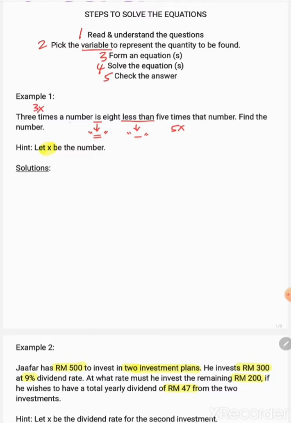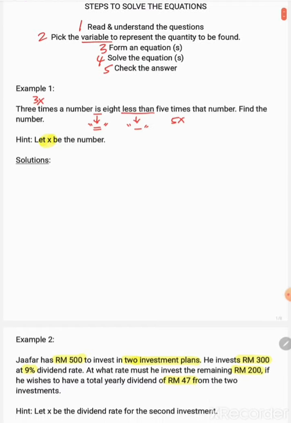So now we put it into mathematical form. So the solution is 3x is 3 times the number, 3x equal 8 less than 5, meaning that 5x minus 8.